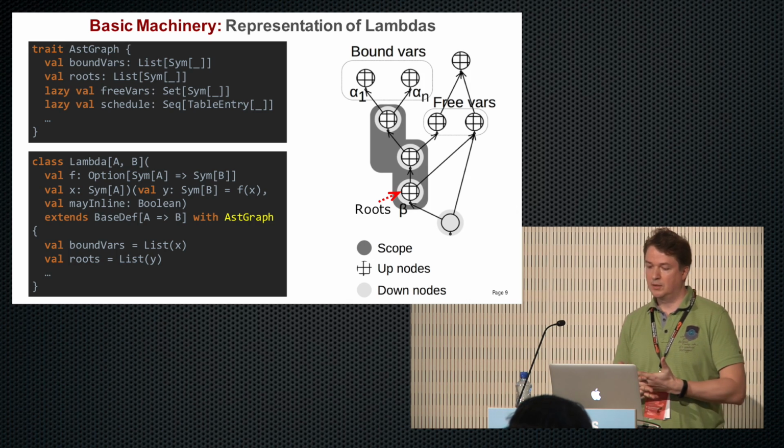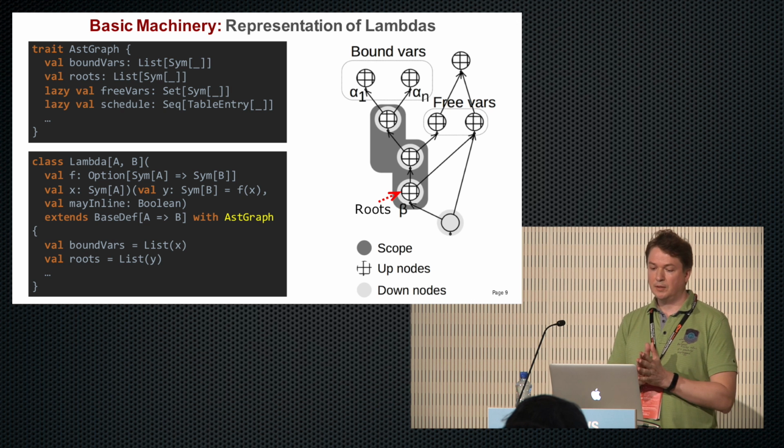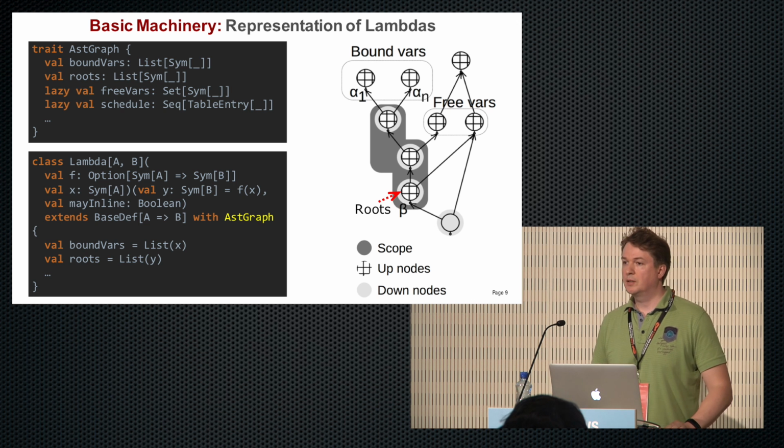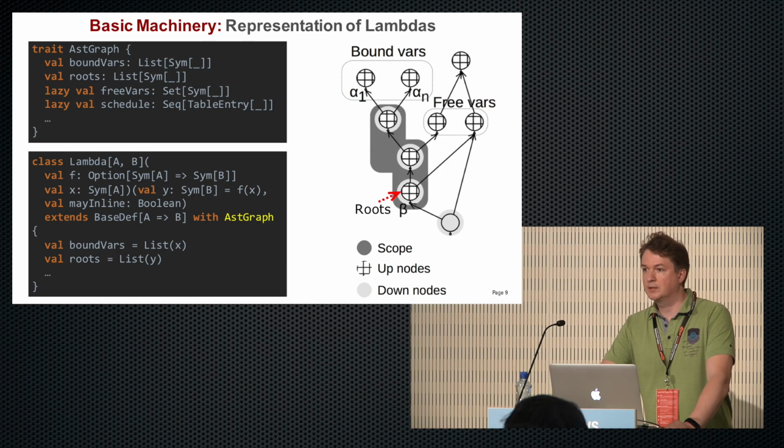Another important notion: if we want to represent Scala programs in some intermediate representation, we need some way to represent functions. In functional programming, a function is a first-class citizen and the main object which we want to compose. So how do we represent lambdas and functions?